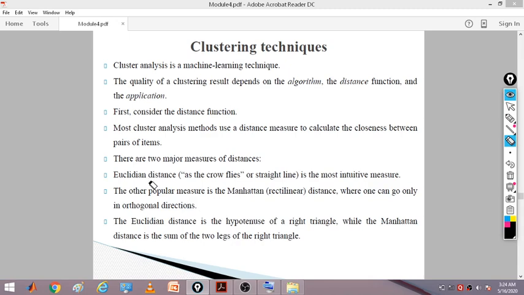Euclidean distance means you will have a certain formula where you measure the distance from one point to the other point. Likewise, all these have certain formulas depending on the values you plot.